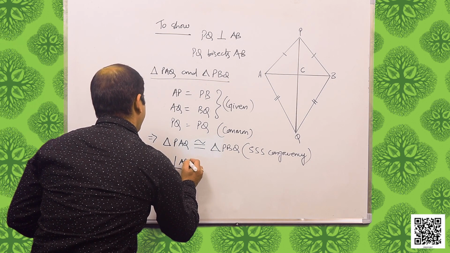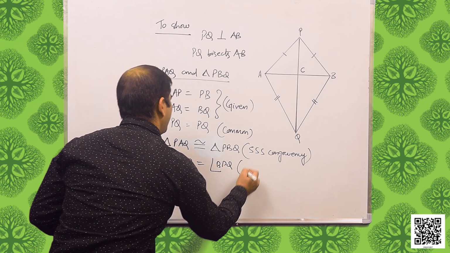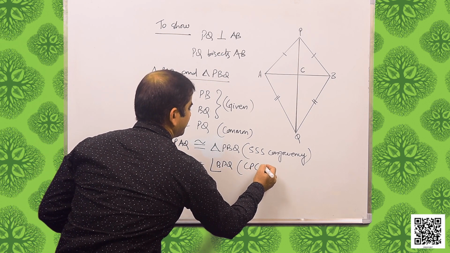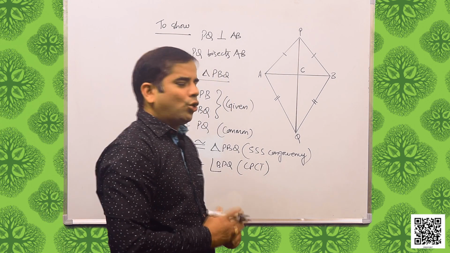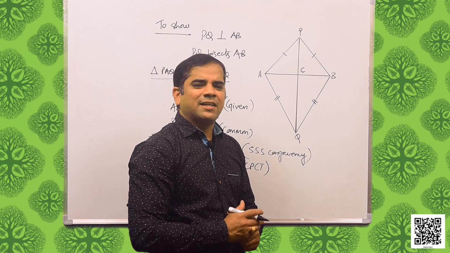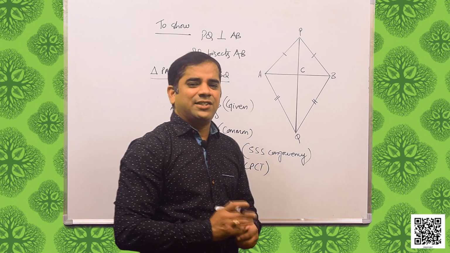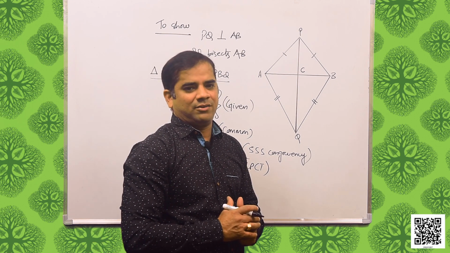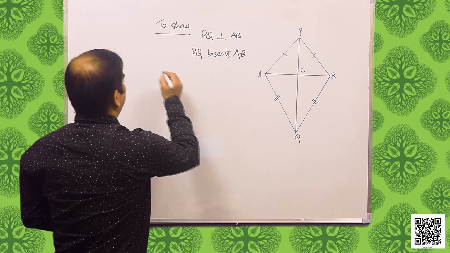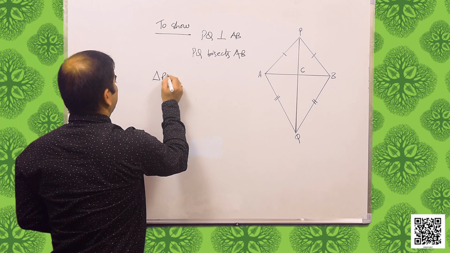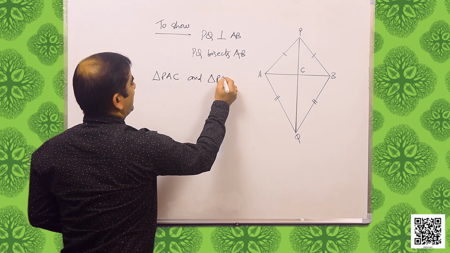Angle APQ is equal to angle BPQ. Why? Corresponding parts. So now let us consider triangle PAC and triangle PBC and check whether they are congruent or not.